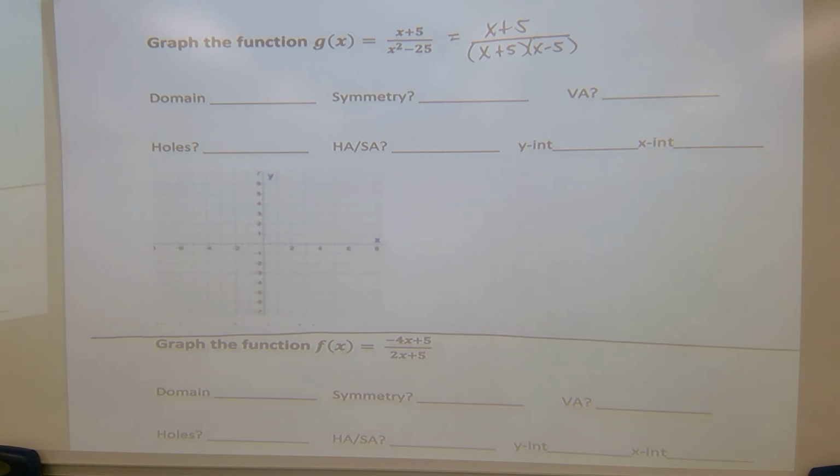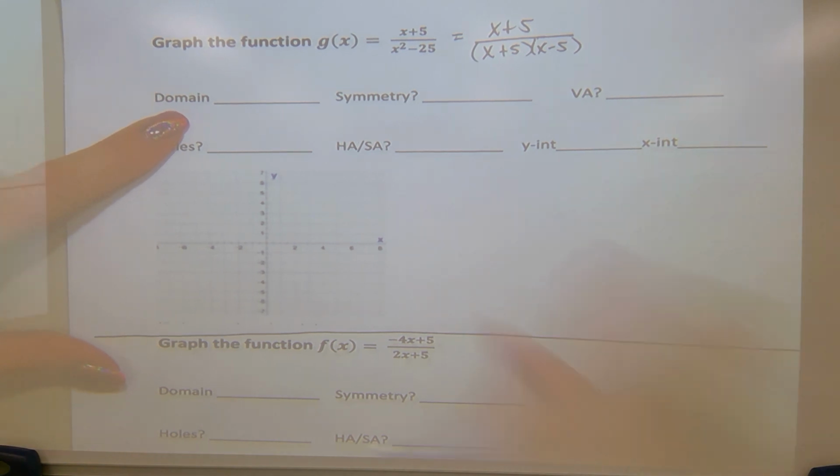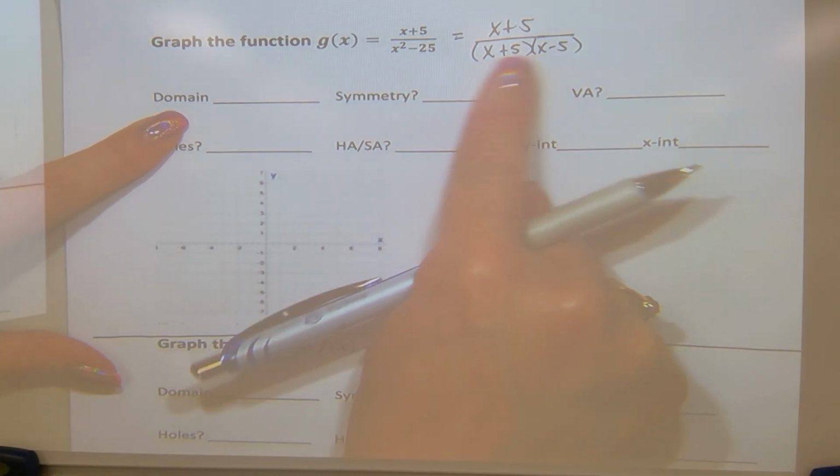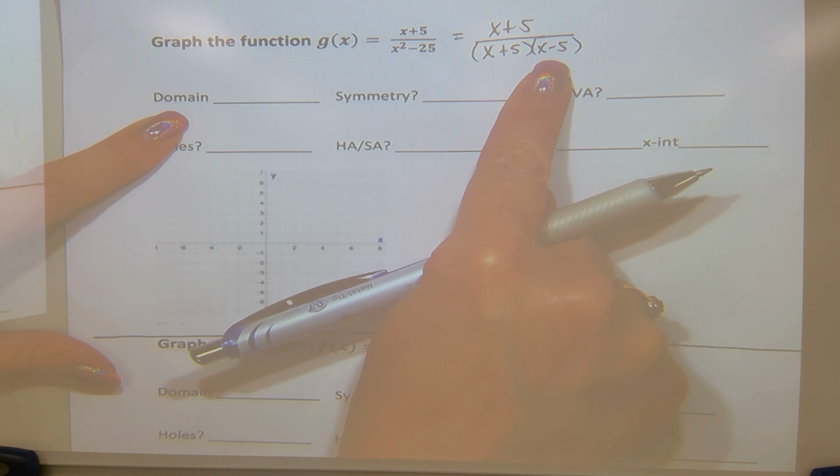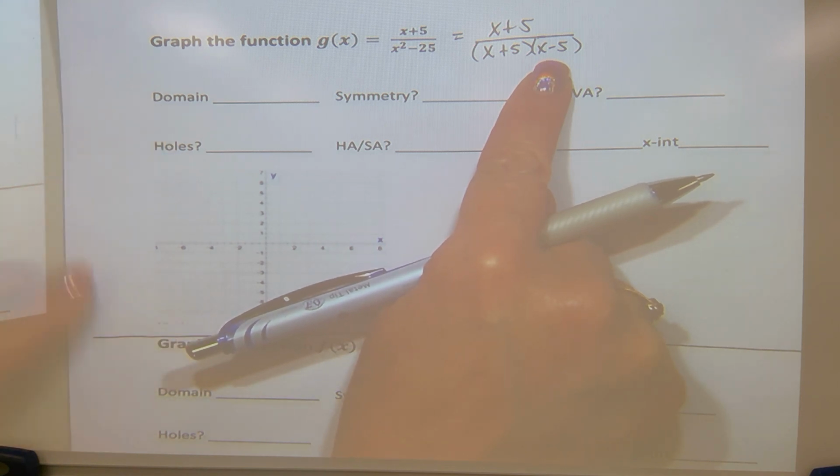Now, when I see that my function is not in lowest terms, that is important because that means I will have a hole in the graph. Now, stop and consider domain before we go any further. Any values that would give me zeros in the denominator, whether it's in lowest terms or not, have to be excluded from my domain.